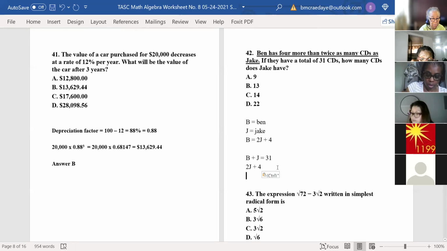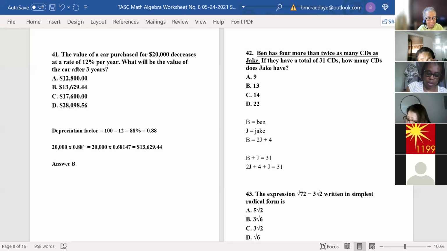That's 2J plus 4 plus J equals 31. Okay, I can do this from here.